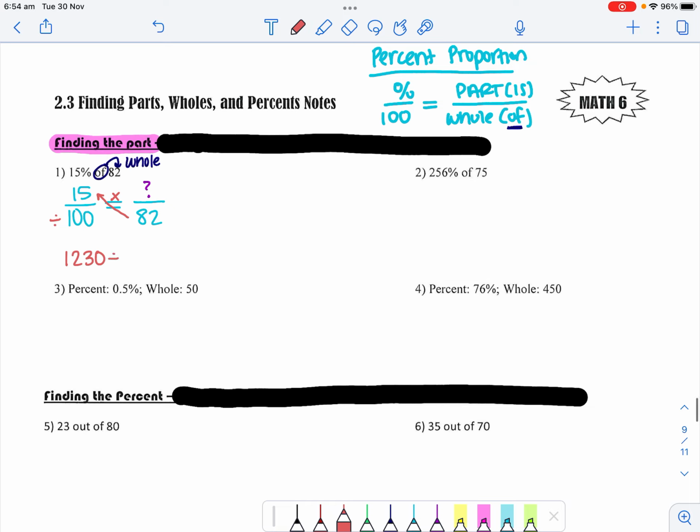So I'm going to divide by 100. And 1,230 divided by 100 is 12.3. So my question mark is equal to 12.3. This means that if I scored a 15% on my 82 question test, I got 12.3 questions right.